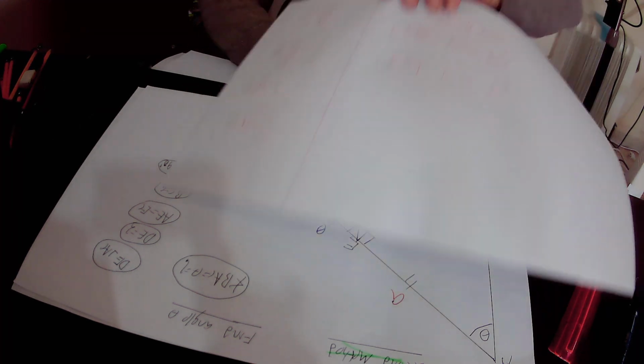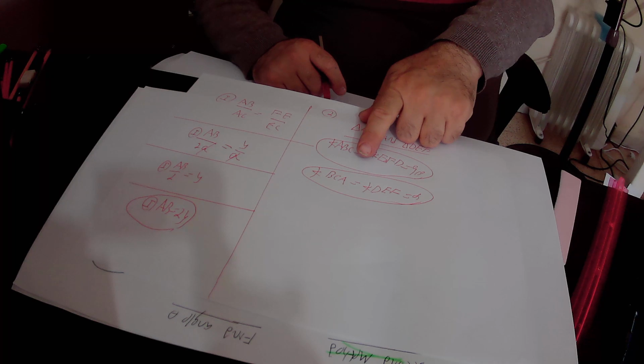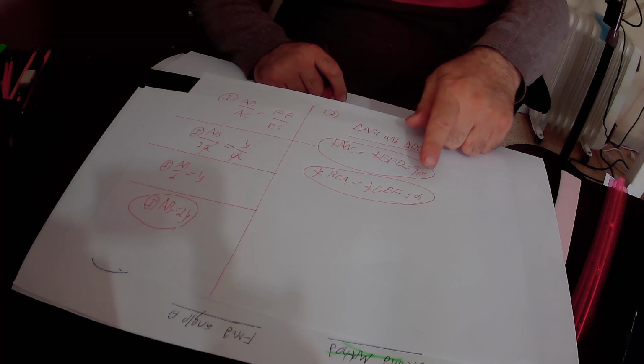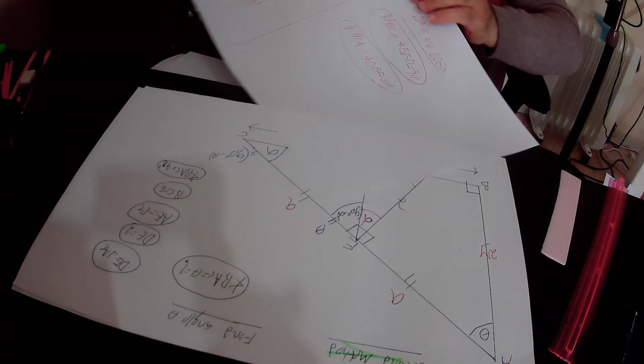I repeat again. Angle BCA equals angle DEF, and both angles are equal to alpha.